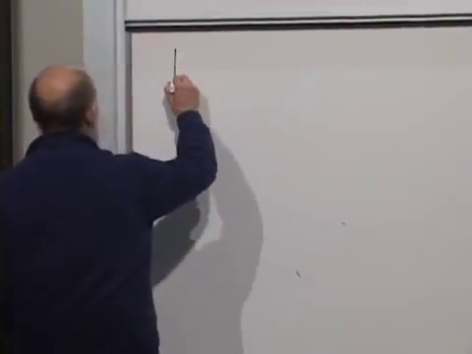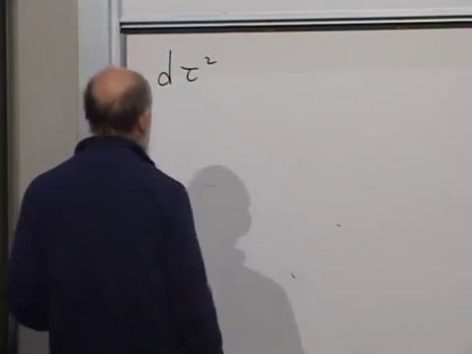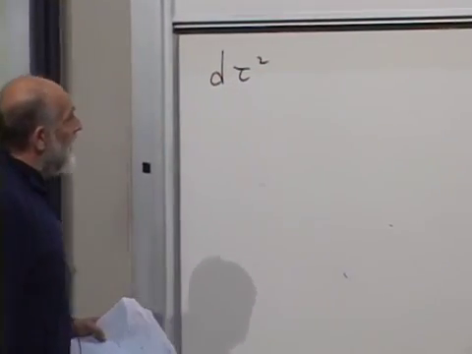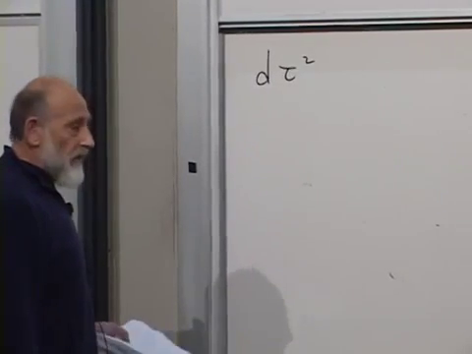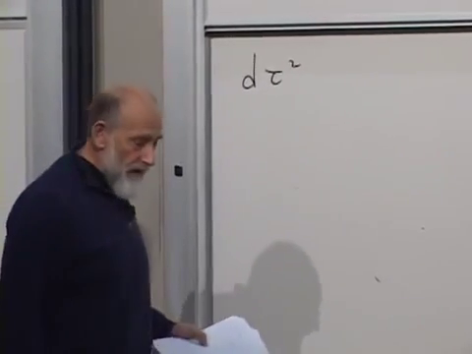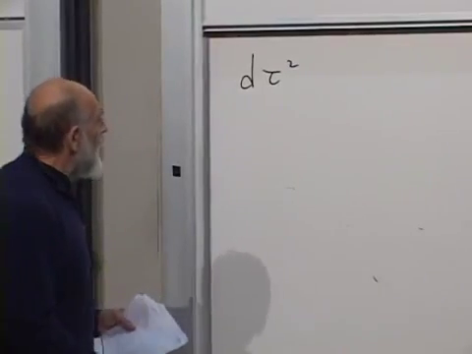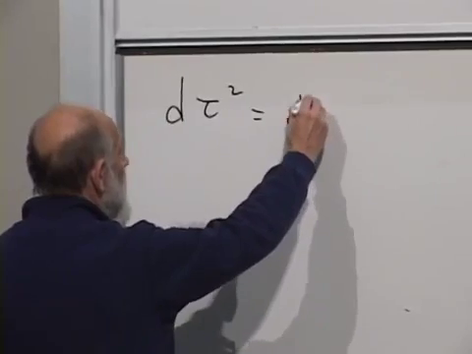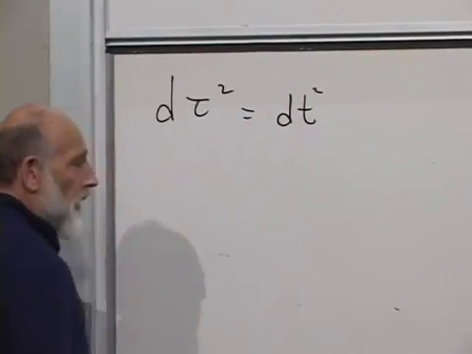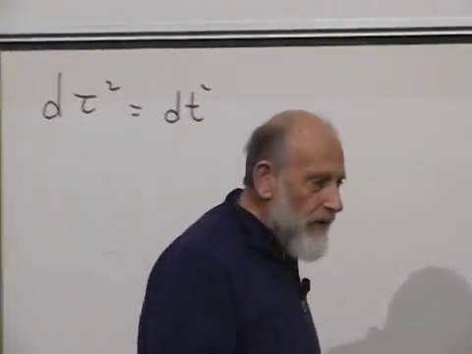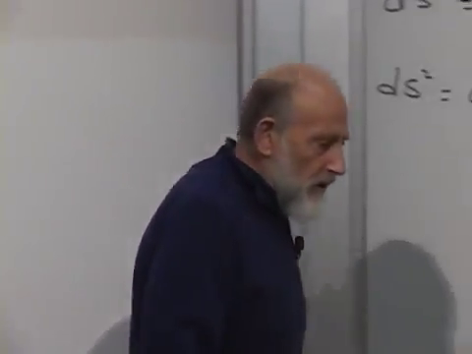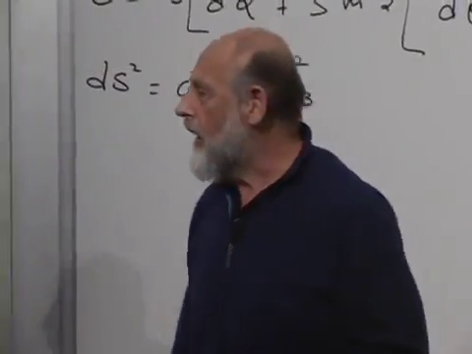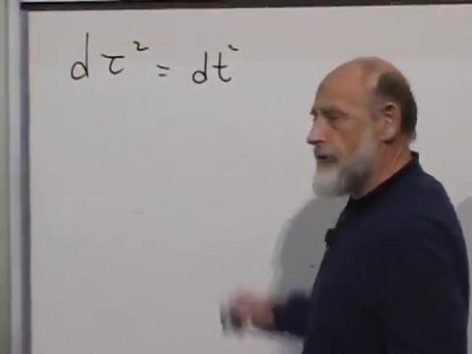Well, all we have to do is first write down proper time now. This is the space-time interval. The space-time interval is the proper time, just as in special relativity. And as always, it starts out with a positive term, dt squared, which we can take to be just dt squared. You can change variables. For example, you can take some other function of the time so that there would be some coefficient in front here, but there's no particular reason to do that.